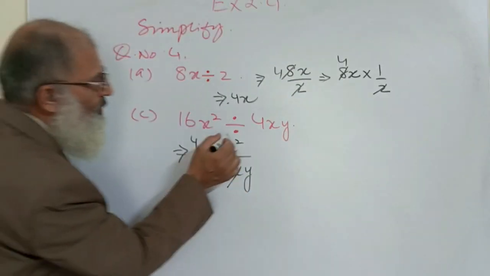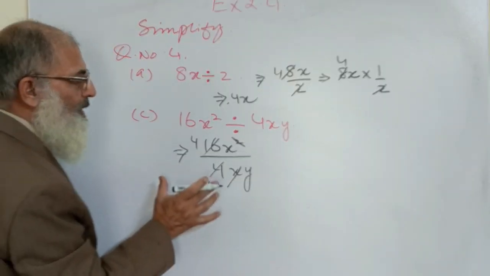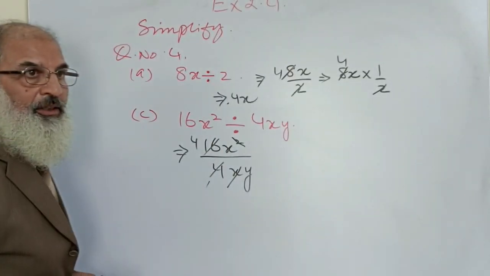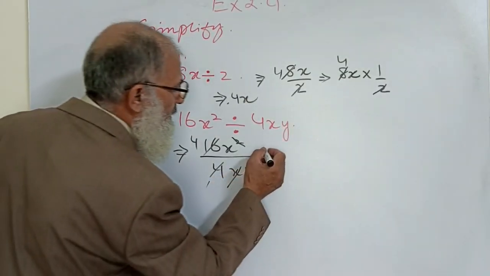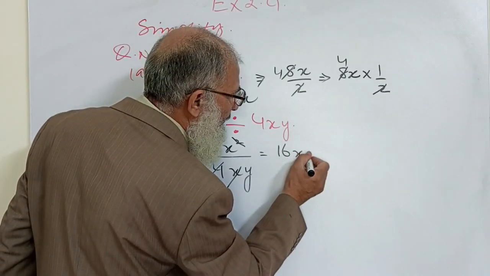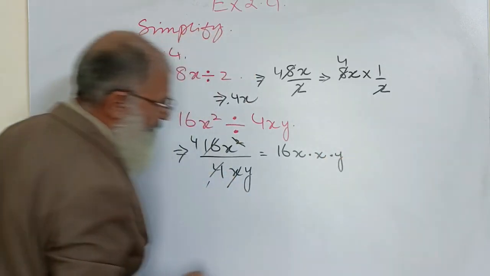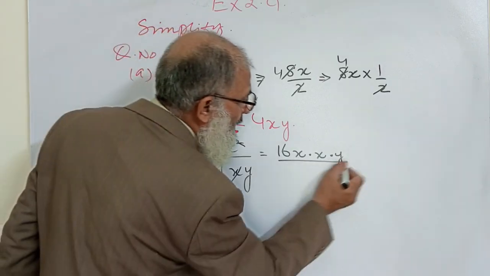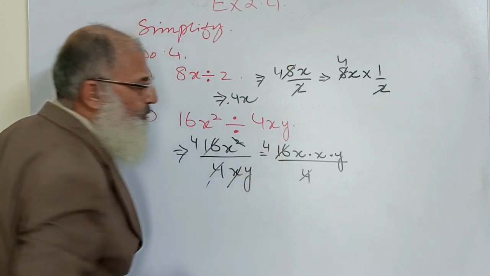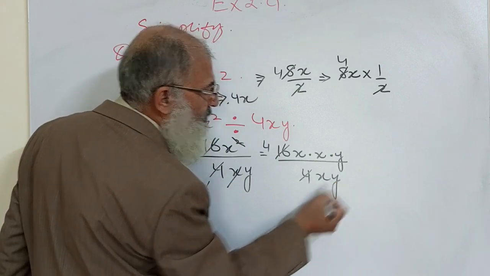Now this x goes with this power. That means there are two x's multiplying. If I go into detail, it is 16 multiplied by x multiplied by x multiplied by y, now divided by 4. 4 has already been cancelled with 16, and here it was x and y.